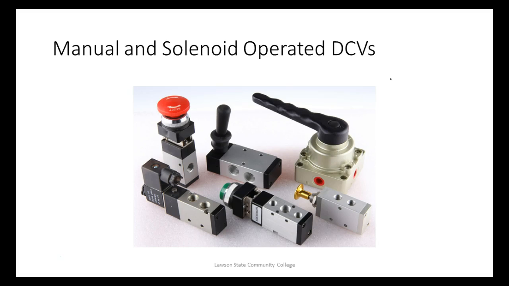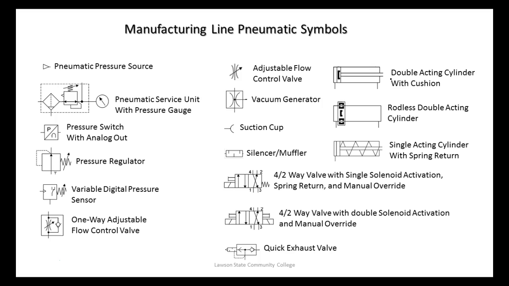So magnet operated, solenoid. What's the advantage of solenoid operated over magnet? We can turn those over to control systems, right? So now we can go into automation.